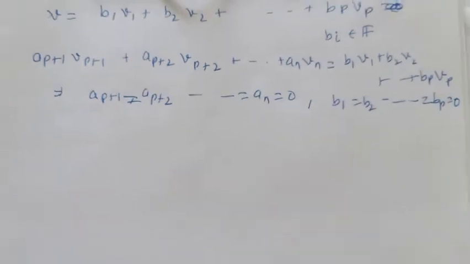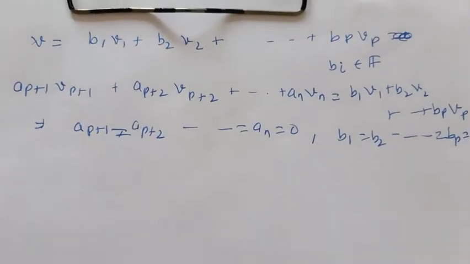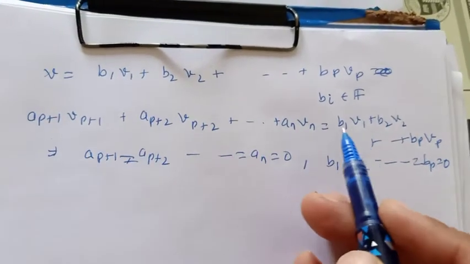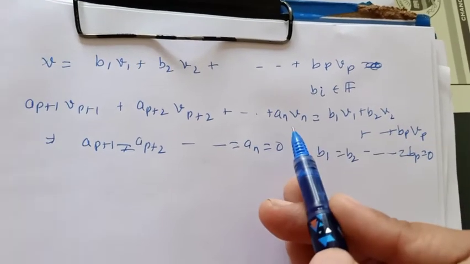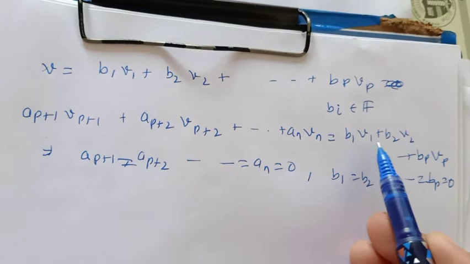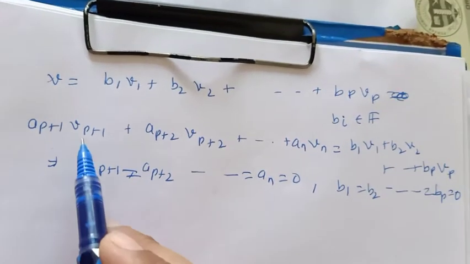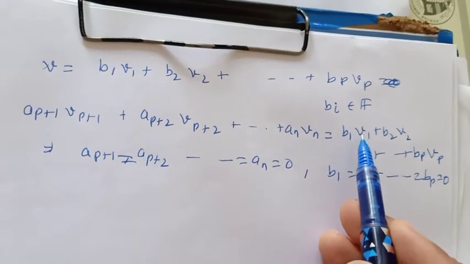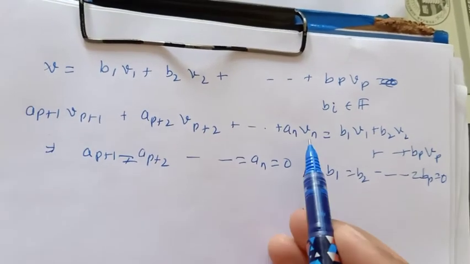Why? Now look at this equation. If we take the terms on the other side, it will be a linear combination of v_1 up to v_p and v_{p+1}. So these are linear combinations from v_1 to v_n.